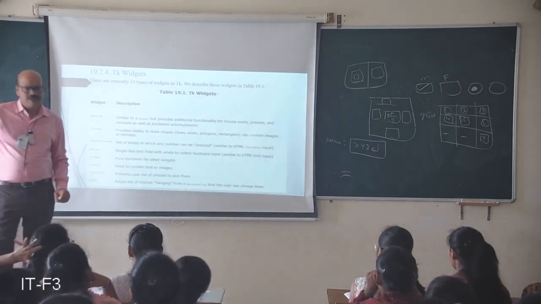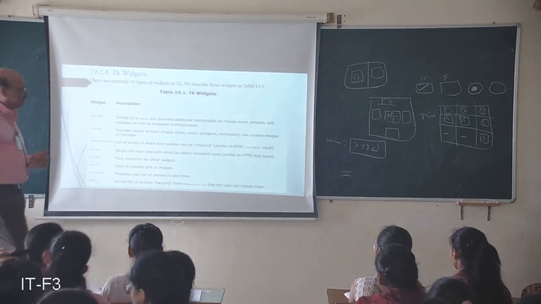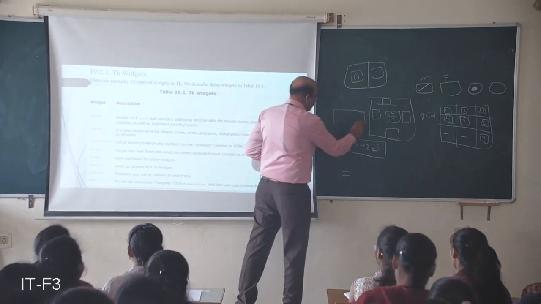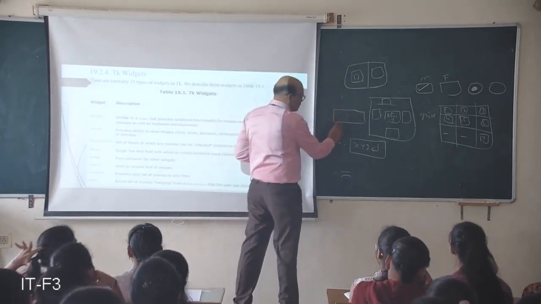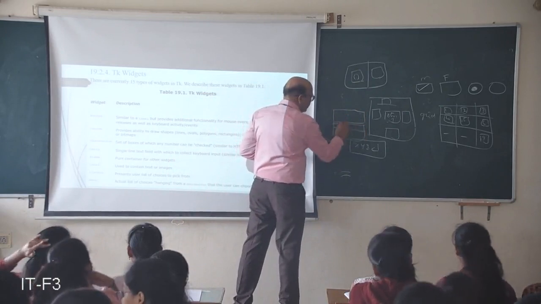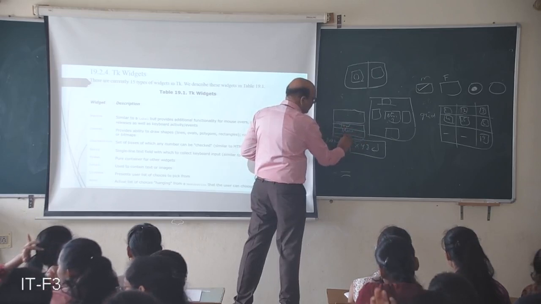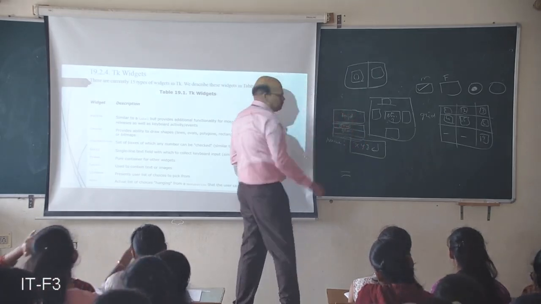And then list box. What is this list box? The best example I can give is when you want to capture the city in which the user is living. We will use a list box. When the user clicks this, some options will appear: Hyderabad, Bangalore, Bombay, something like that. Whichever the user selects will appear in the text box.